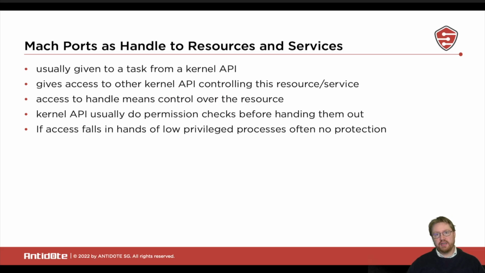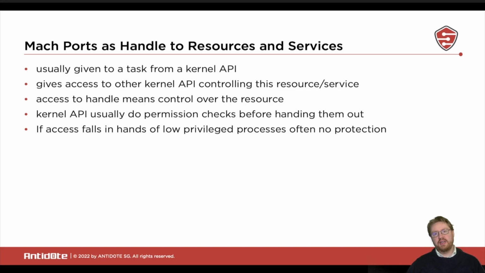So usually you get access to this by calling a kernel API. And the kernel API then gives us this port to control the specific resource or the service. And by having access to this port in our IPC table, it basically means we are allowed to have access to that resource.